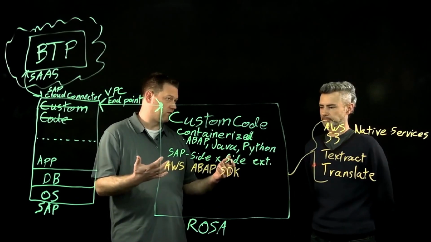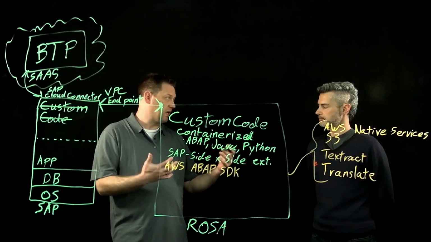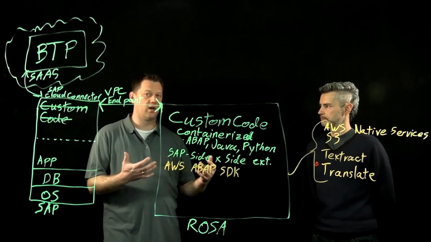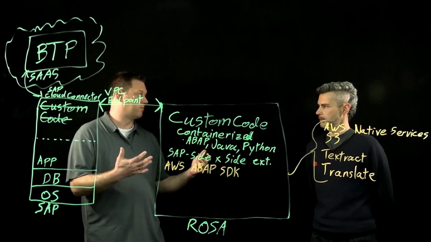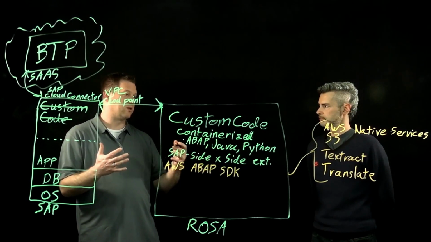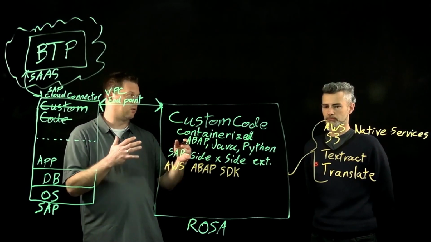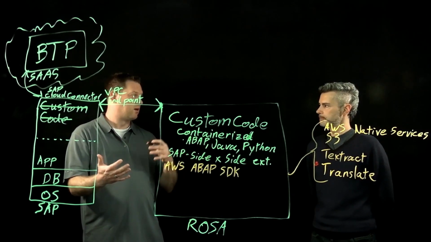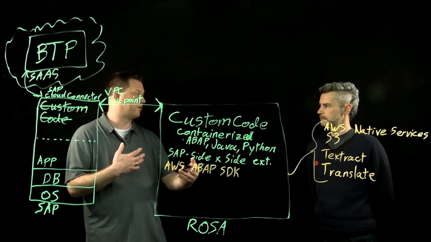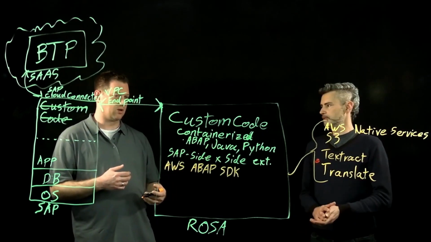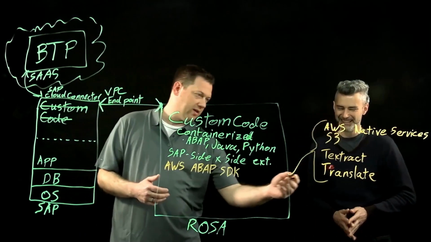So if we have support teams that are English speakers, for instance, but we have customers that speak Portuguese or Japanese or something like that, we can utilize Translate to translate those trouble tickets so that our support teams can help customers even if it's not a language they're comfortable with. Yes, so that's fantastic.